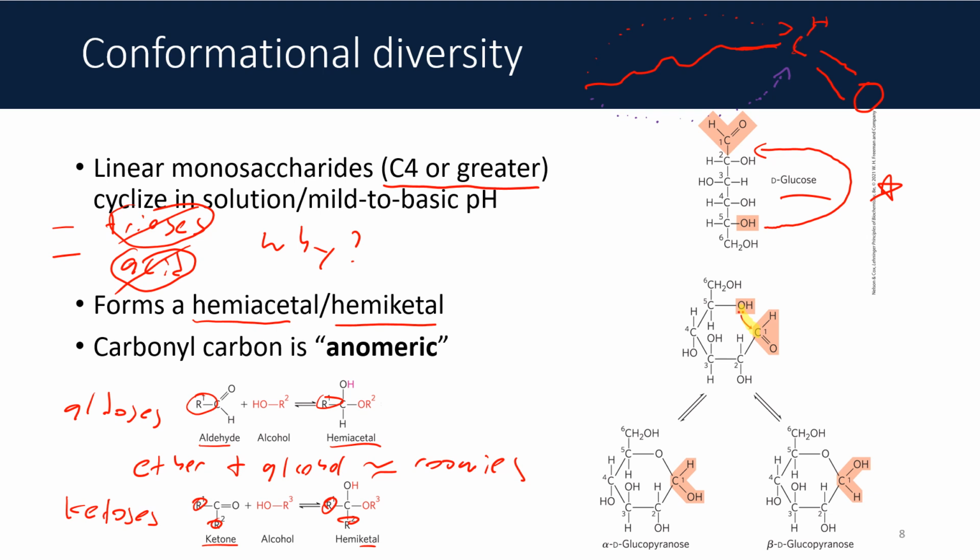In either case, we are going from an sp2 hybridized system to an sp3 because the carbonyl ultimately gets converted into what? An alcohol moiety.